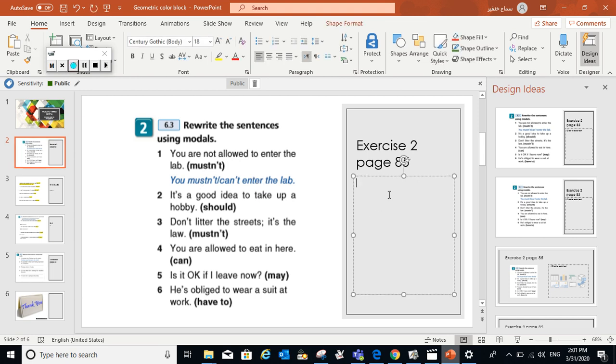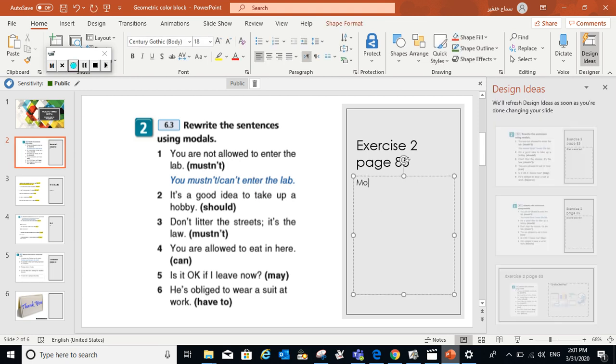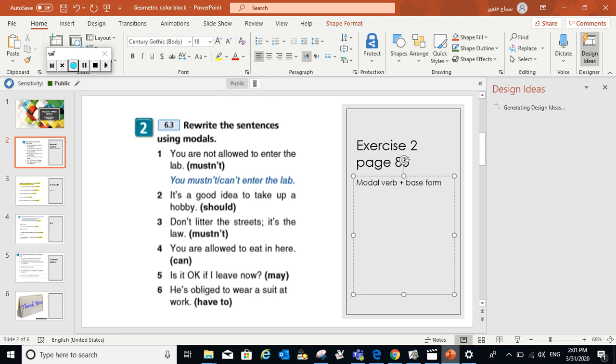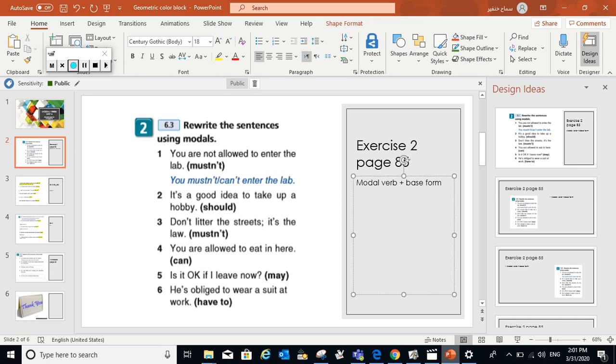Please don't forget the rule that any modal verb should take base form. Any modal verb should be followed by a base form. So never put ing or to infinitive with modal verbs like can, must, should, may, might.